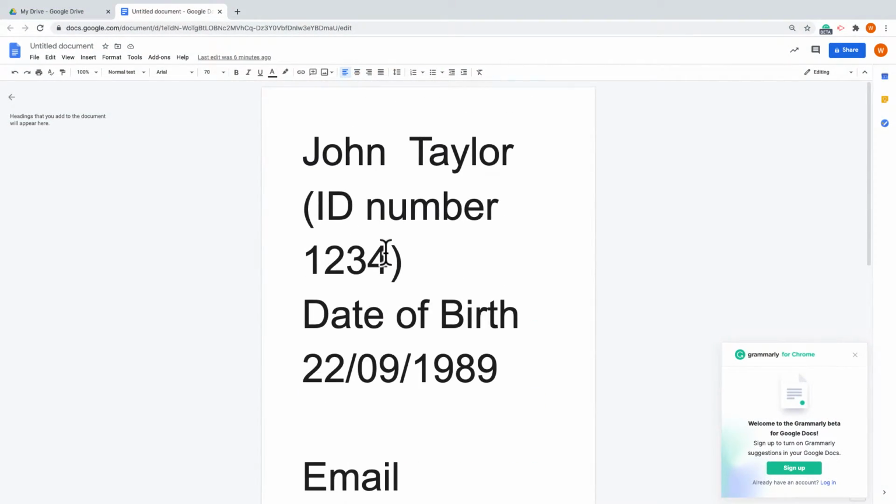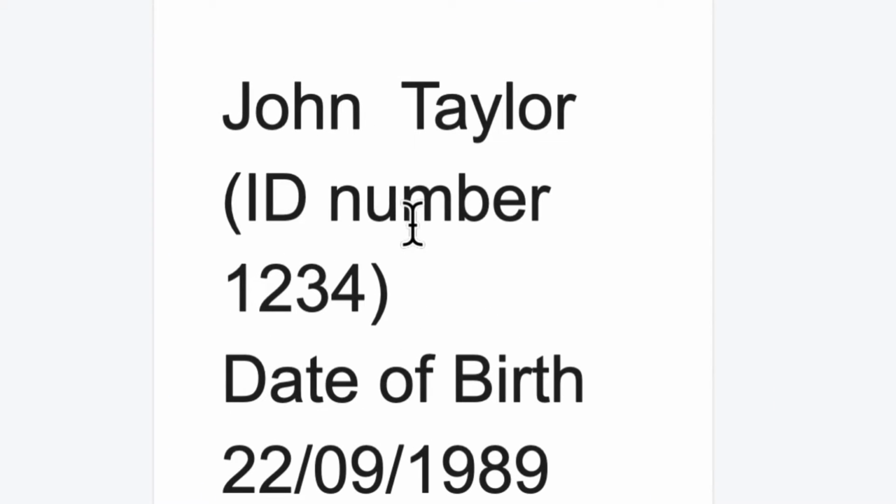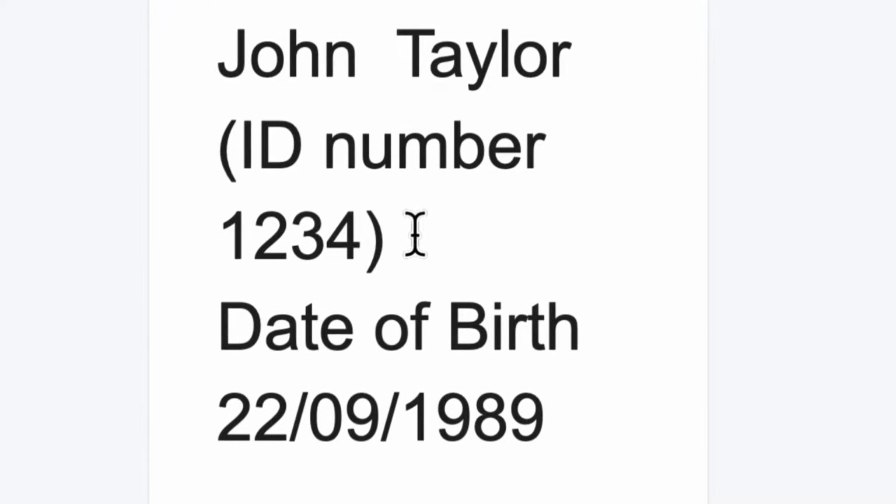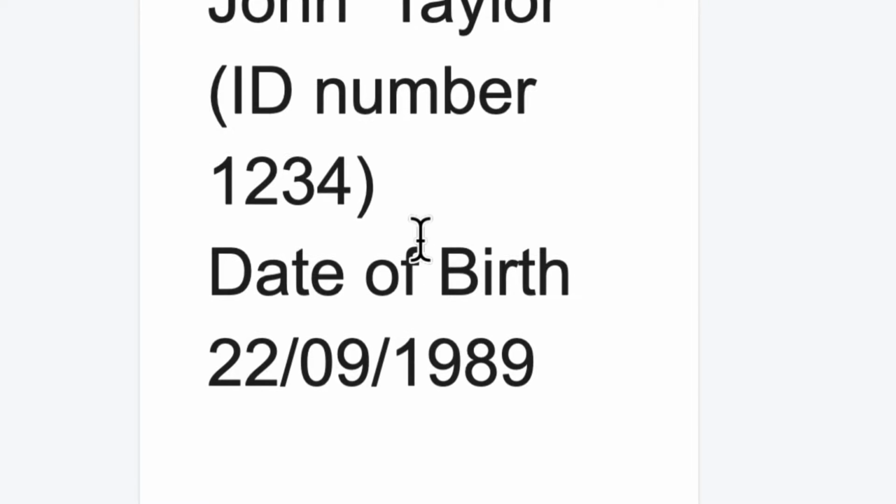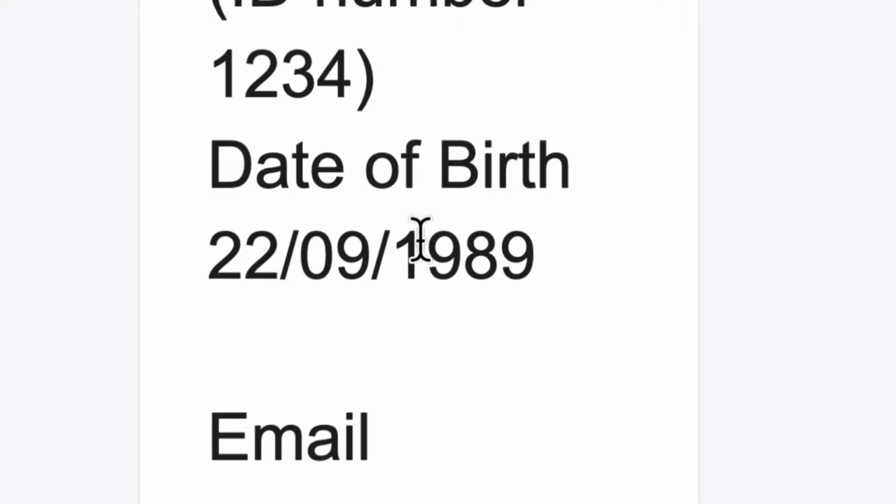So let me explain. Let's say this student of mine is named John Taylor, whose ID number is 1234. I was really creative when I thought about this. And whose date of birth is the 22nd of September 1989.